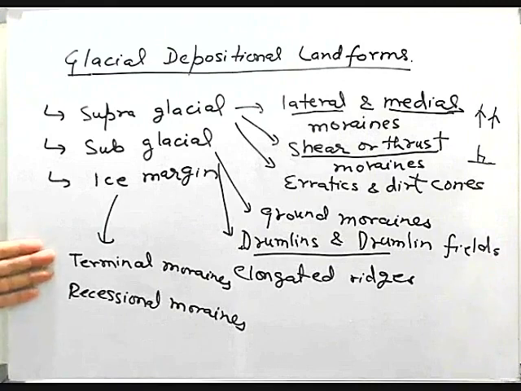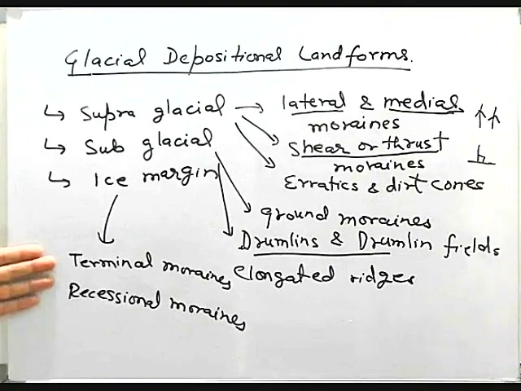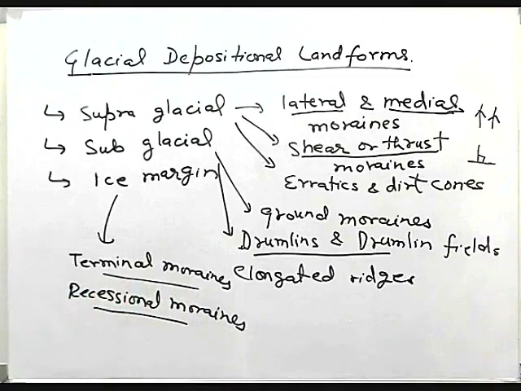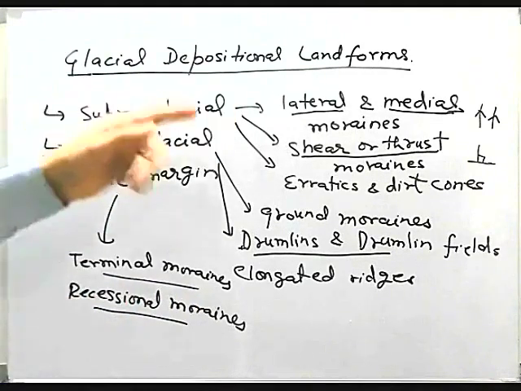Even the terminal moraines may be destroyed, and only those end moraines that have the farthest extent will be preserved. Now both these terminal moraines as well as the recessional moraines are perpendicular to the flow of ice, just like shear or thrust moraines.